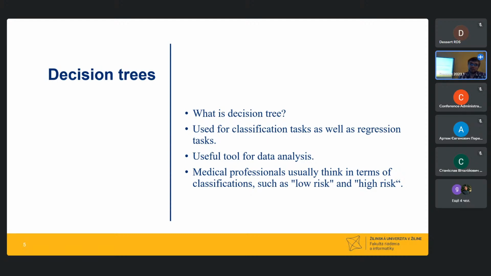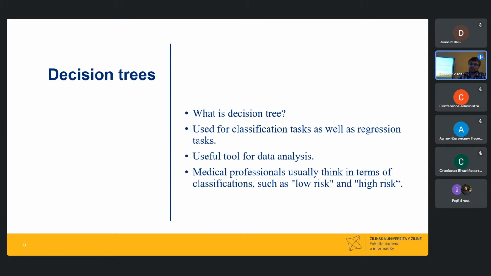For example, regression trees are used to predict stock prices, and classification trees are used to label certain data into a certain class. Probably the most famous example is classification of pictures, dogs and cats, where the algorithm tells us which picture is cat and which is dog.